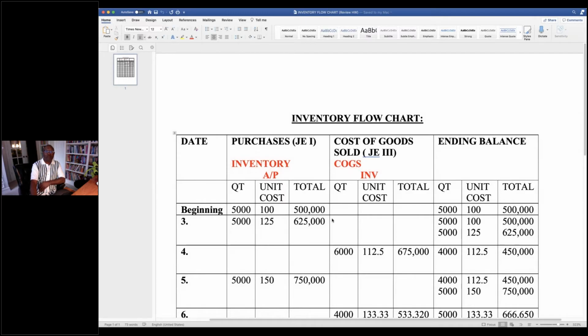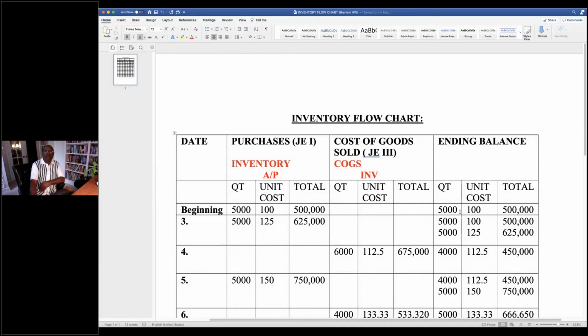So when the sales, before the sale, let's look. With the beginning, you had the 5,000 shoes for the 100, and that was 500,000. So when you bought the other 5,000 for the 125, that was 625,000. And we were supposed to sell 6,000 shoes.